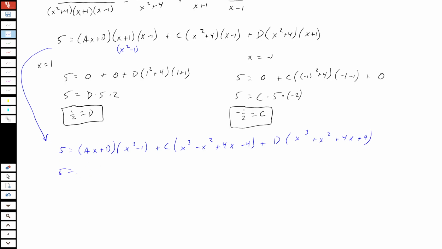Okay, multiplying the ax, so I have ax cubed minus ax plus bx squared minus b, and then distribute the c, and then distribute the d. But I can plug in d is a half and c is a negative half.